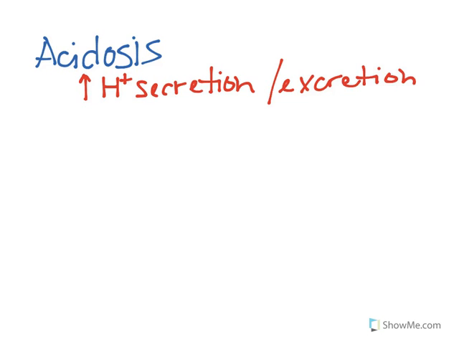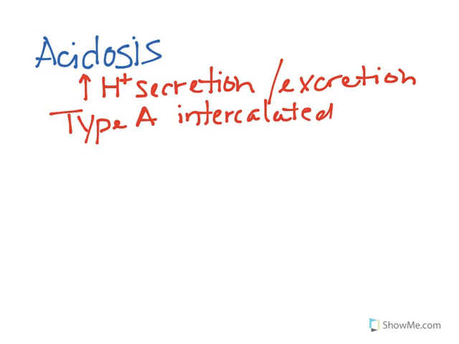It's going to be more important in the latter part, in the intercalated cells. So you'll have the type A intercalated cells that will be working. And what we'll have is increased hydrogen ion secretion, excretion.